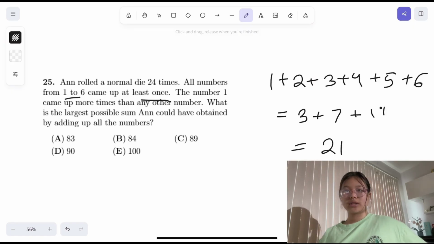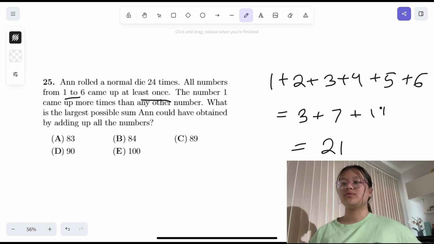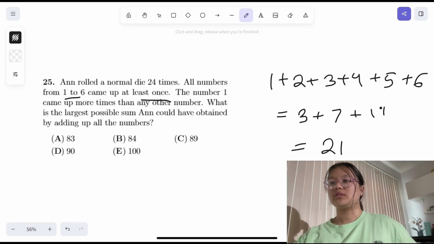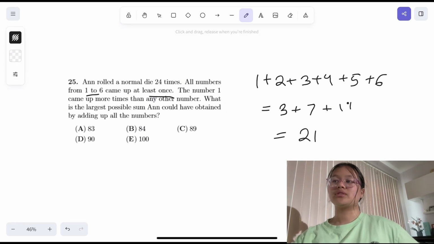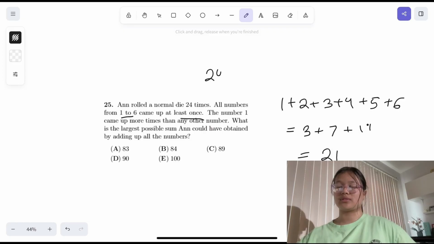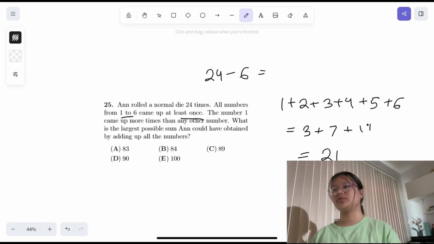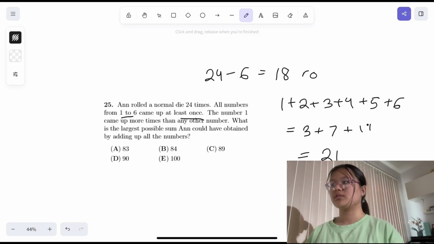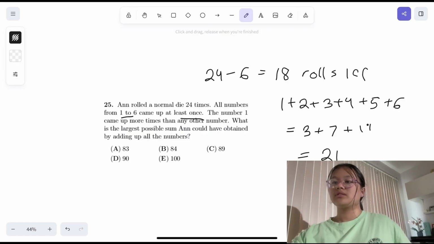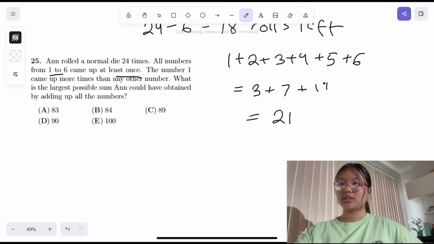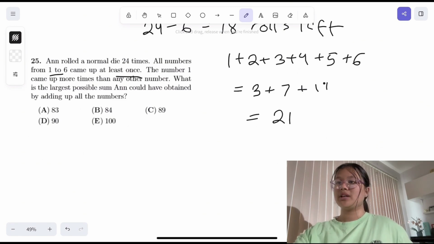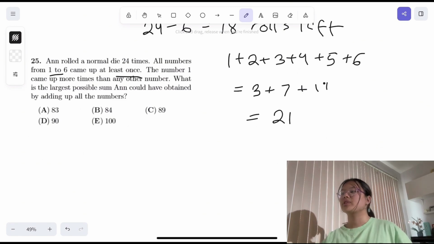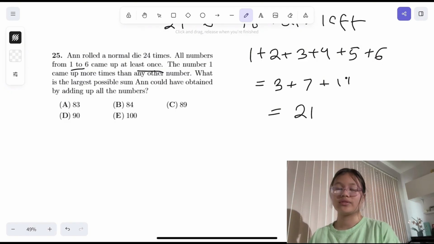So now we can consider the next 18 rolls, and we get this by doing 24 minus the 6 rolls that she did. This is how we get 18 rolls left. So now we know that there should be more 1s than other numbers, because it says the number 1 came up more times than any other number in the problem. So what we can do is consider different variables.